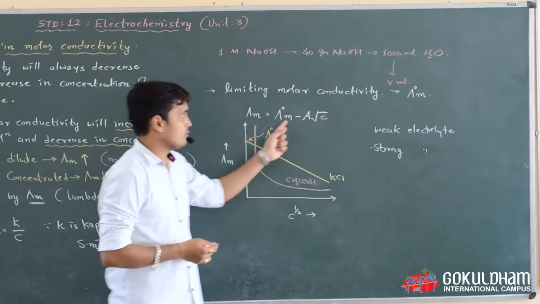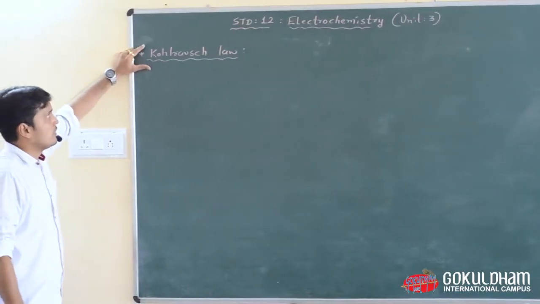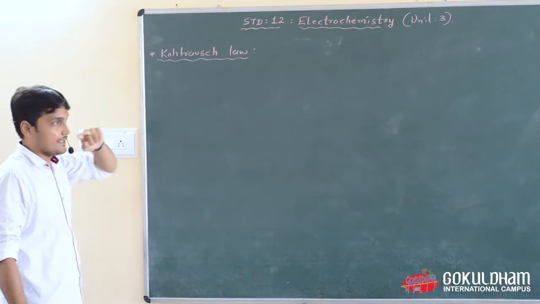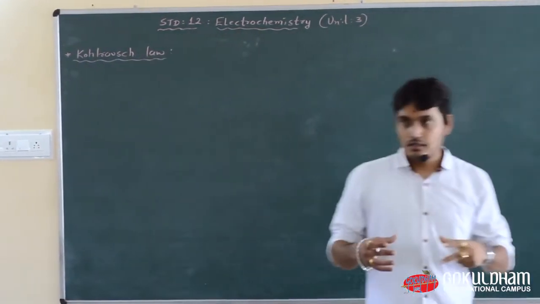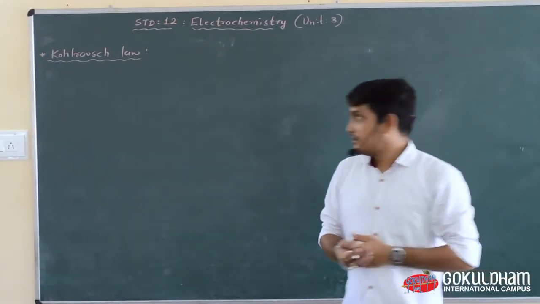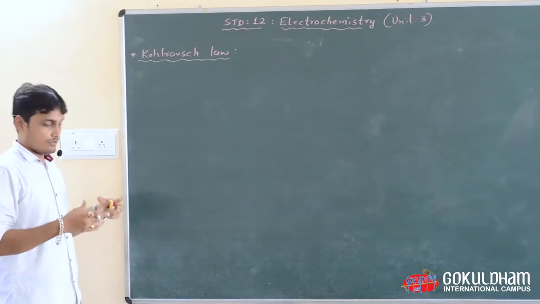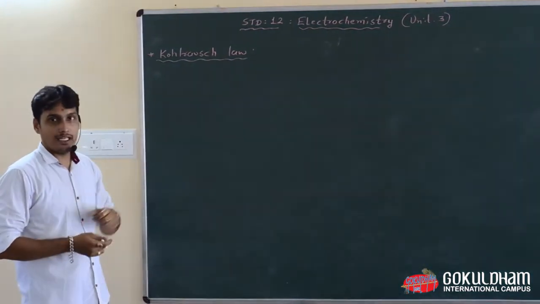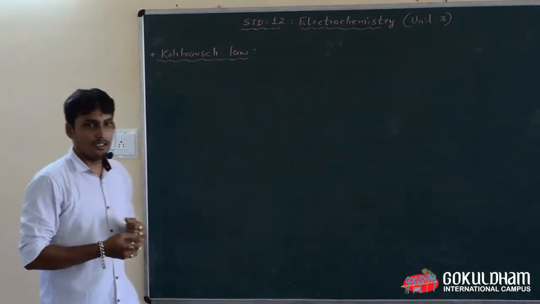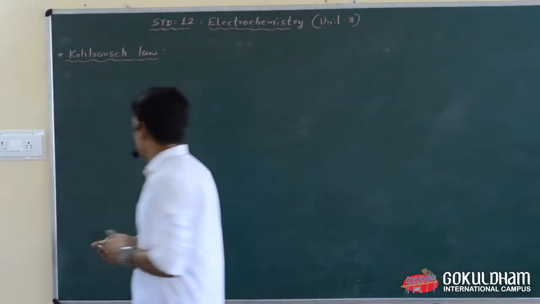Now we are going to discuss Kohlrausch's law. Kohlrausch experimented with a couple of reagents. He saw that when the two electrolytes have the difference of a positive and negative ion, then the molar conductivity difference is the same in all the mixtures.